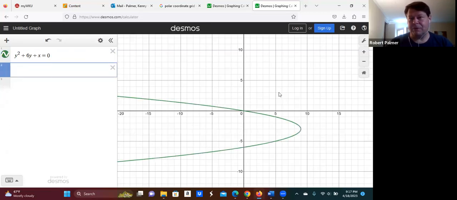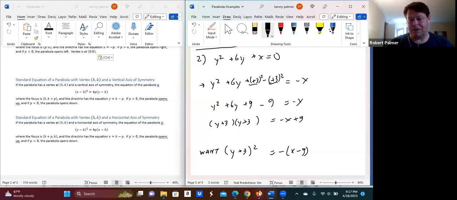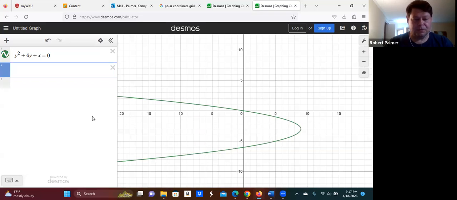Then I was going to double check what I had: y plus 3 squared equals negative, then x minus 9. And yeah, I get exactly the same graph. So that's just taking this and writing it in standard form.